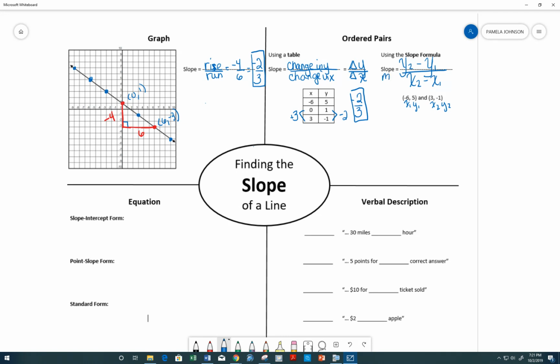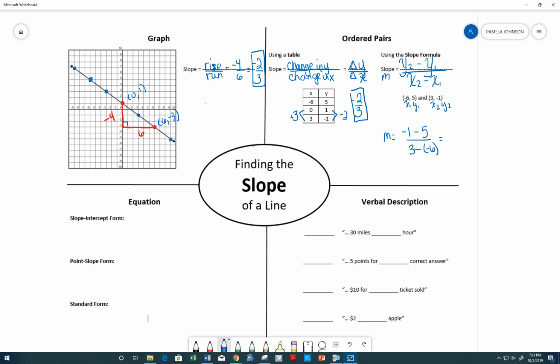It's because m is the variable that we use to represent slope. Okay? So we're going to put this into our m equals format. y2 is -1 minus y1 is 5. And then x2 is 3 minus, and x1 is -6.